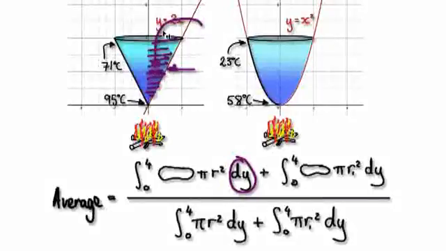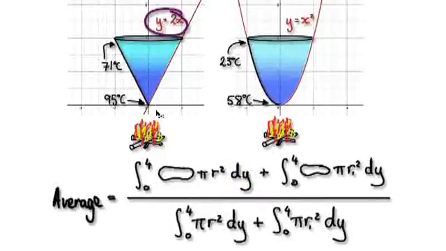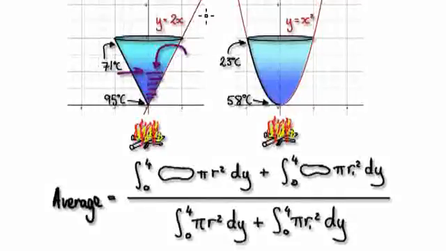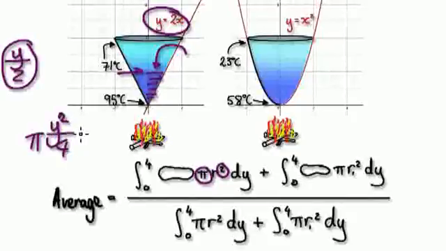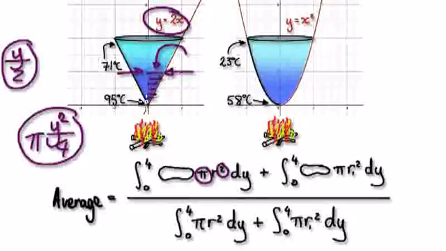Remember, you're summing up all the disks, and at this precise value of y here, the radius will be y over 2. So this is our radius, and when you pi r square it, it becomes pi y squared over 4. Okay, so that's the disk here.